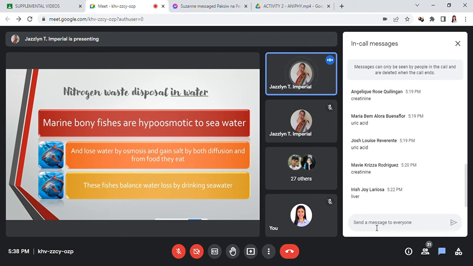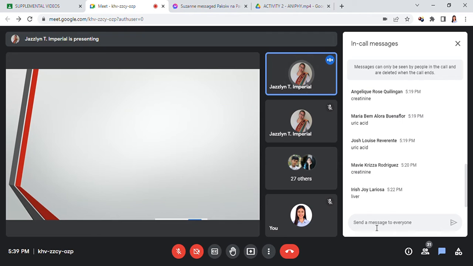Remember, if you expose your cells to hyperosmotic water like seawater, they shrink. So, what marine fishes do is urinate small amounts of water that are very concentrated. Instead of losing a lot of water, they urinate little amounts of water that is very concentrated. So, they remove the solute and a little of the water. Okay? So, this is it, class.